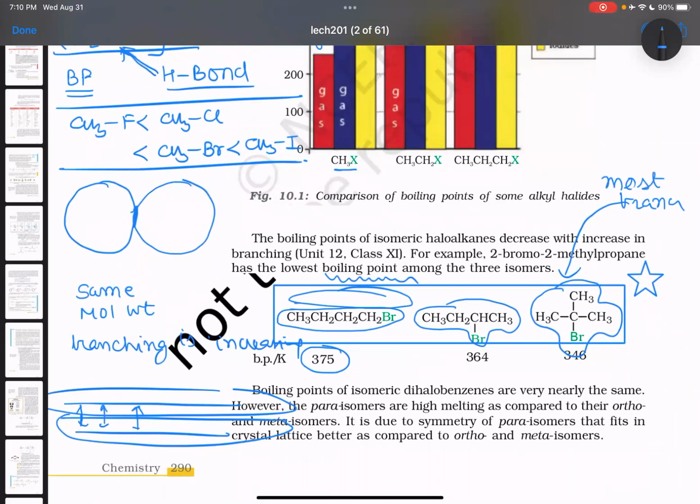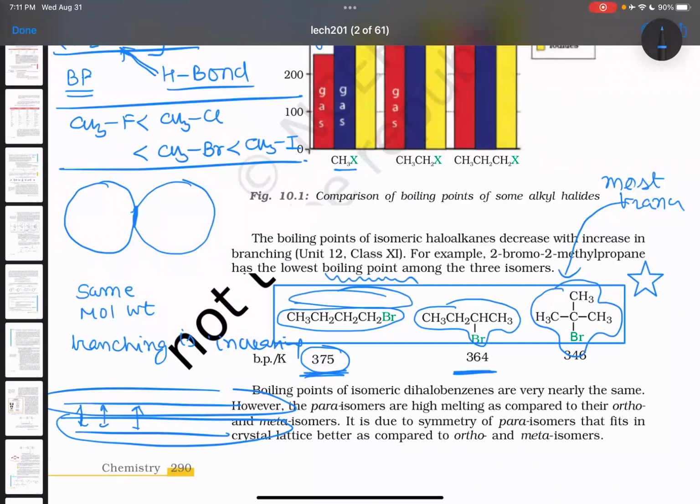The third thing we discussed is, suppose the number of carbon atoms is same, molecular weight is same, and even the halogen is also same, then you will compare the surface area to check how much the molecules are in contact with each other. The linear molecule will have more contact area with another molecule of its own kind, so they will attract more and the boiling point is going to be the highest.